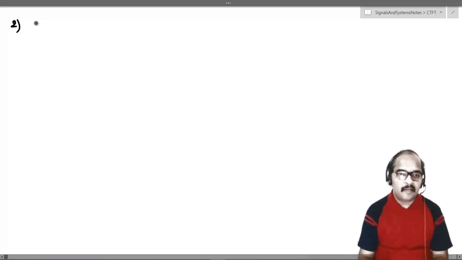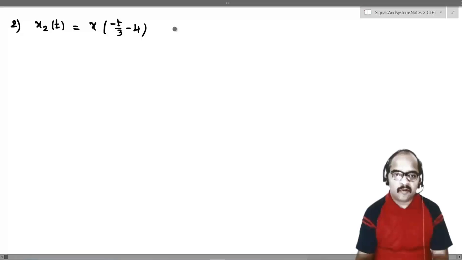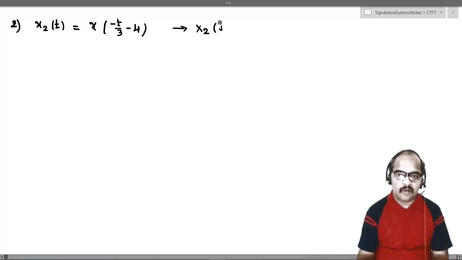Second example, let us take x2 of t to be equal to, let's say, x of minus t by 3 minus 4. Okay, so we want to find the Fourier transform of this signal, which is x2 of j omega. So we have to find out this fellow.